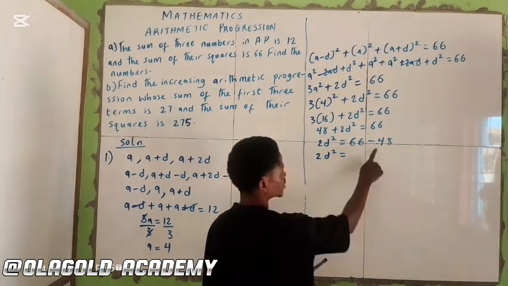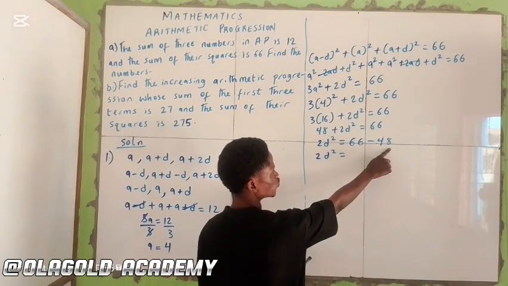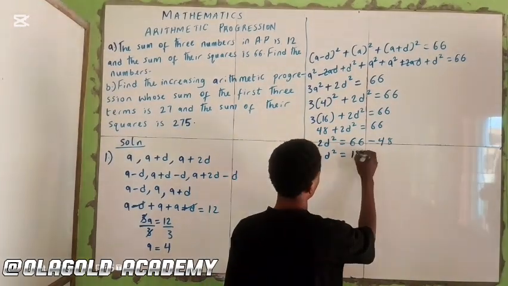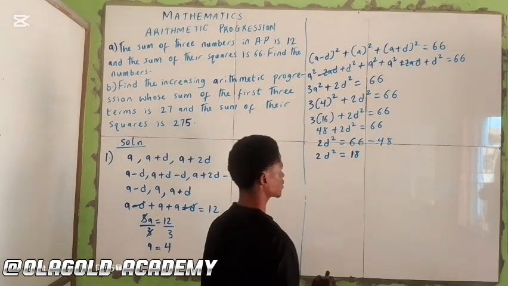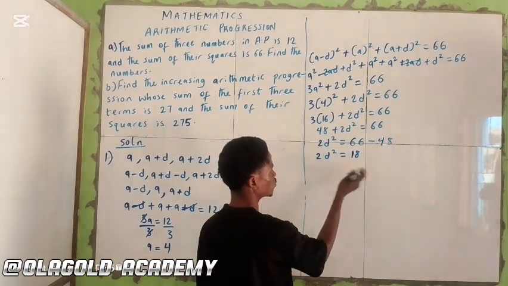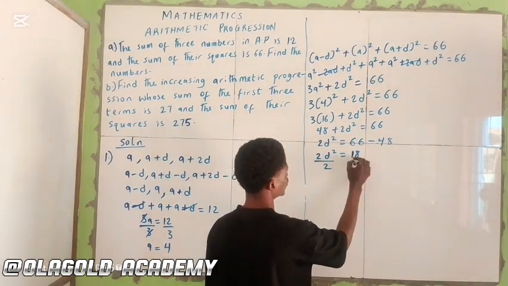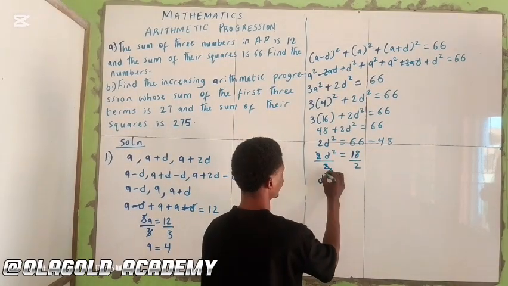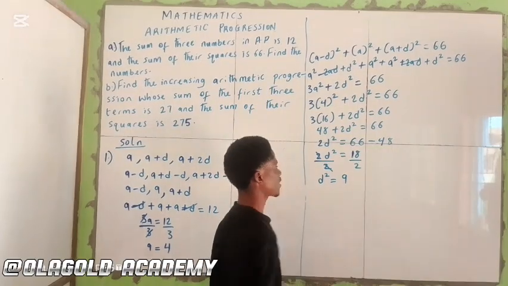Now, 66 minus 48 will give us what? Will give us 18. So we have 18. Furthermore, divide both sides by 2. 2 cancels 2. So we have d squared equals 9.